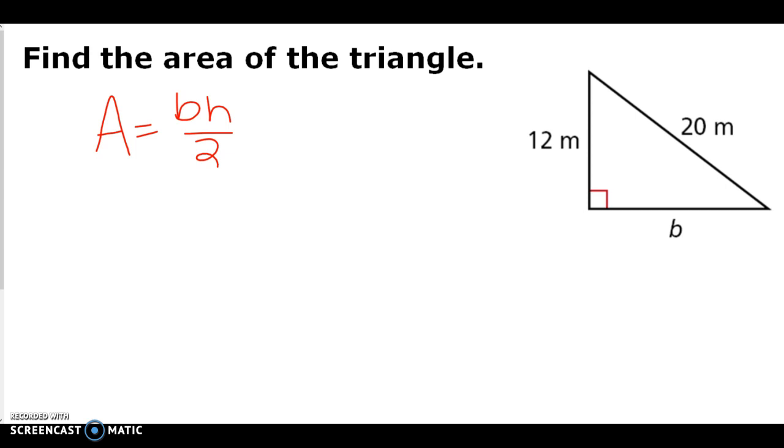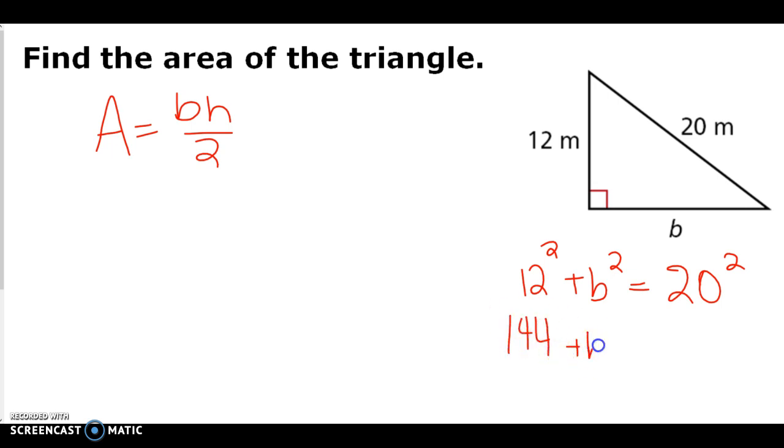12 squared plus b squared equals 20 squared. Chloe, what's 12 squared? 144. We keep our b squared.